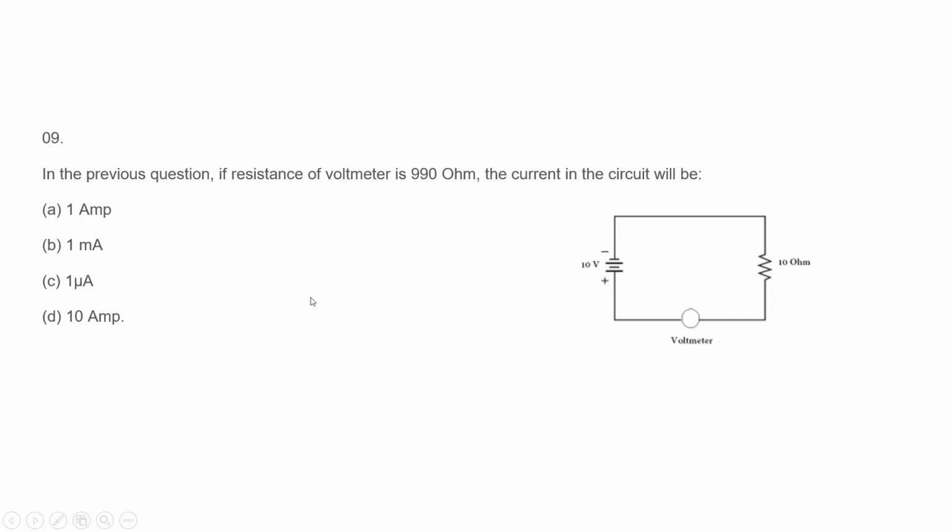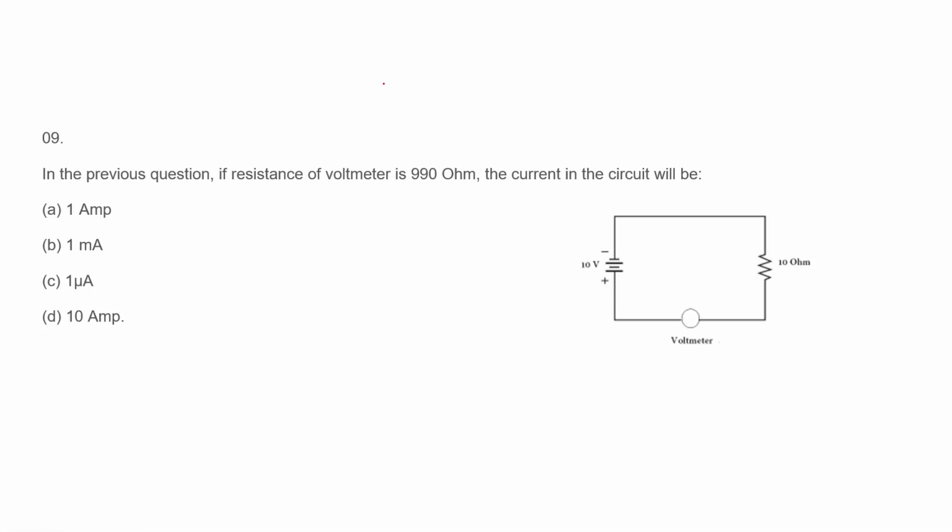Okay, so next question is, in the previous question, if resistance of voltmeter is 990 ohms, the current in the circuit will be. Okay, so instead of very high resistance, just for this problem, they are saying that assume that the resistance of voltmeter is 990 ohms.